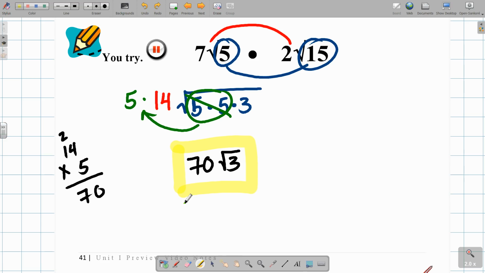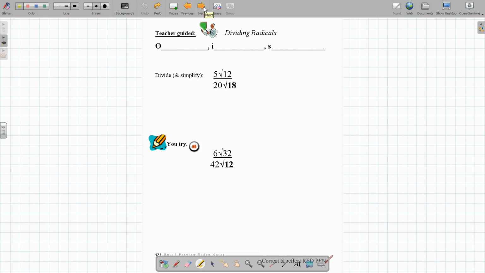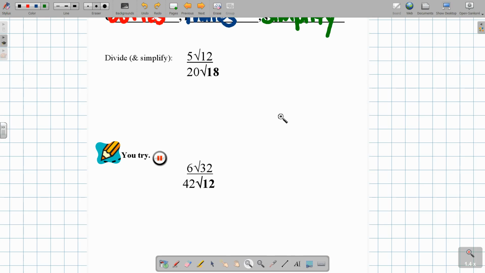Outies, innies, simplify. That's multiplying radicals. Dividing radicals, you follow the same process. Outies, innies, simplify.